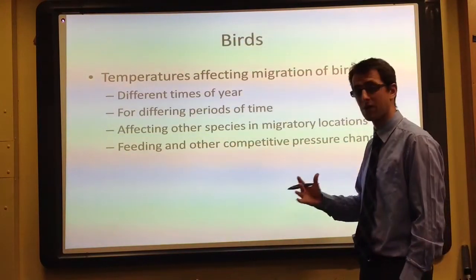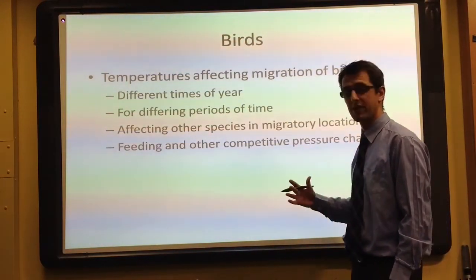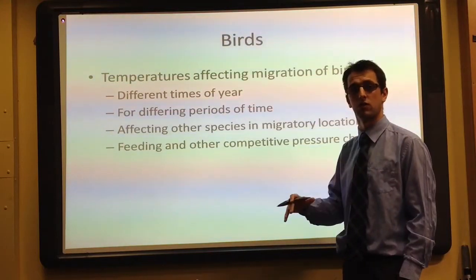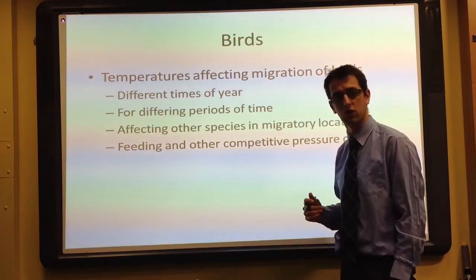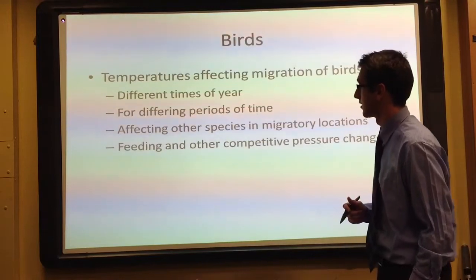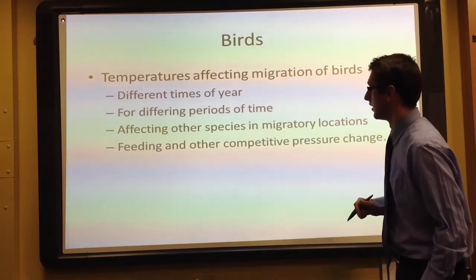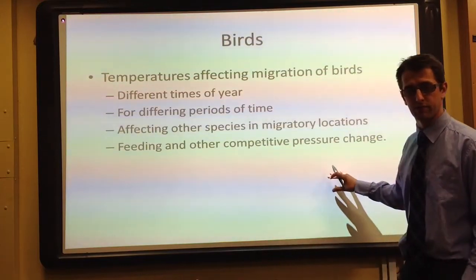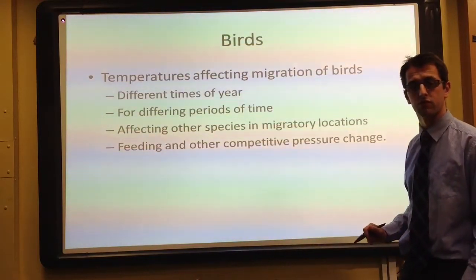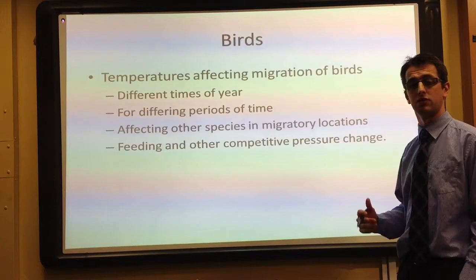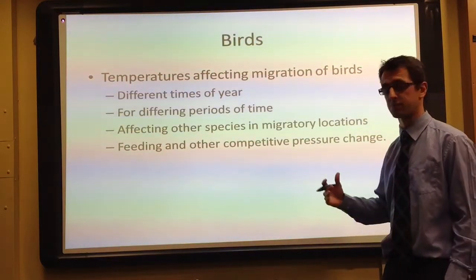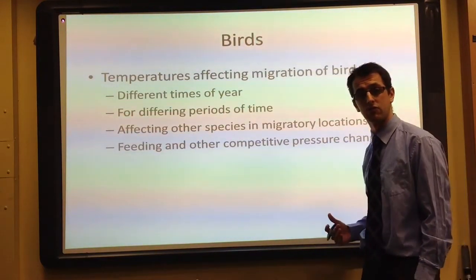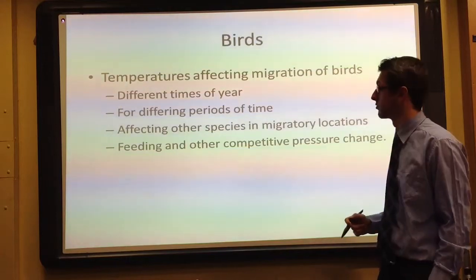If the migration's not happening, well then there's a major knock-on effect, not just in one country, but potentially across the globe, wherever this migration may take place. All of that puts different competitive pressures and selection pressures on those other organisms, and that could ultimately lead to organisms with different adaptations being able to thrive in their own right, or indeed die out as well.